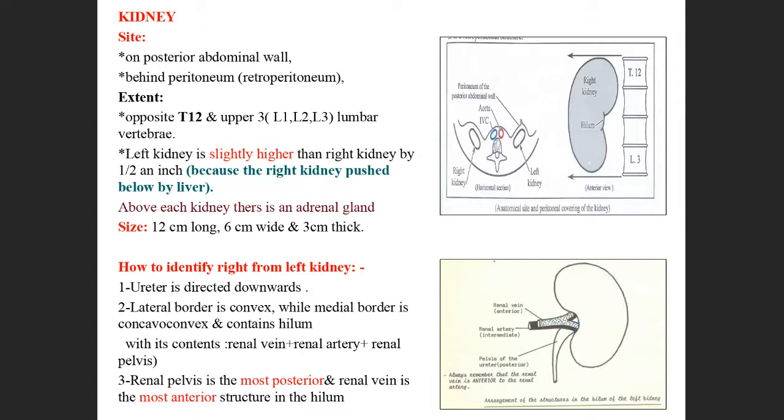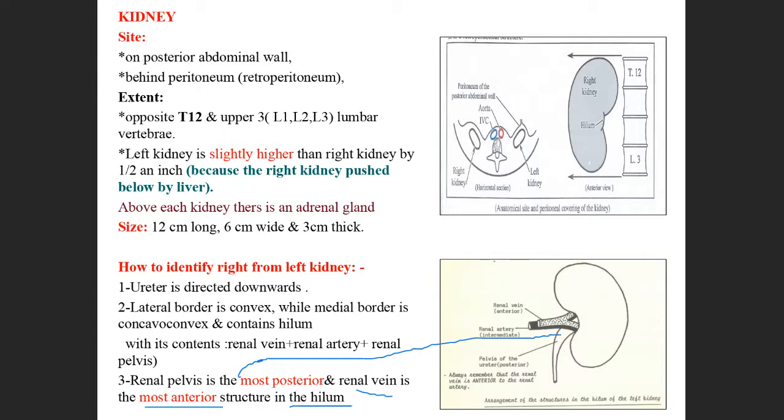Then another identification point: the renal pelvis, the upper part of the ureter, this part, is the most posterior, whereas the renal vein is the most anterior structure of the hilum.